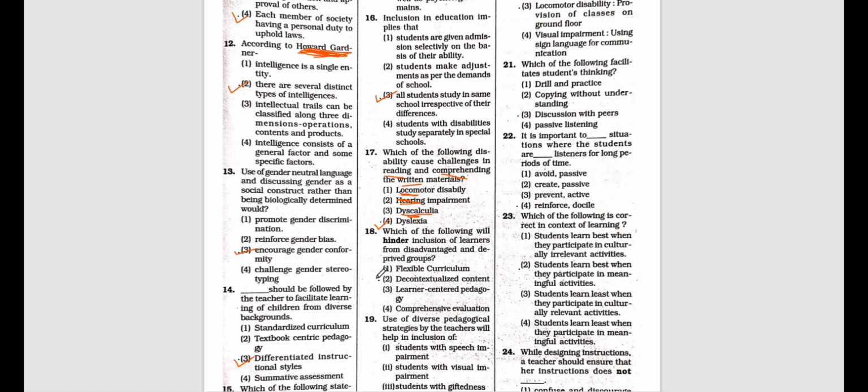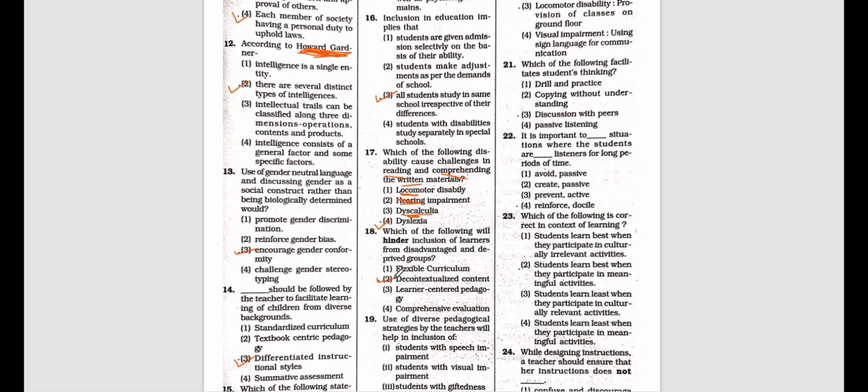So the correct answer here is decontextualized content. It will hinder the inclusion of learners from disadvantaged and deprived groups. Why? Contextualization is the act or process of putting information into context, making sense of information from the situation or from the location.